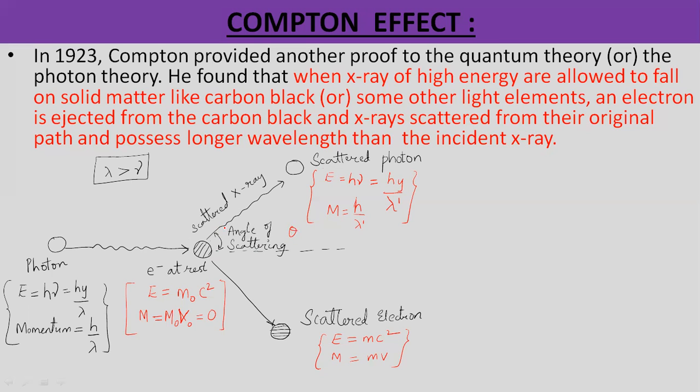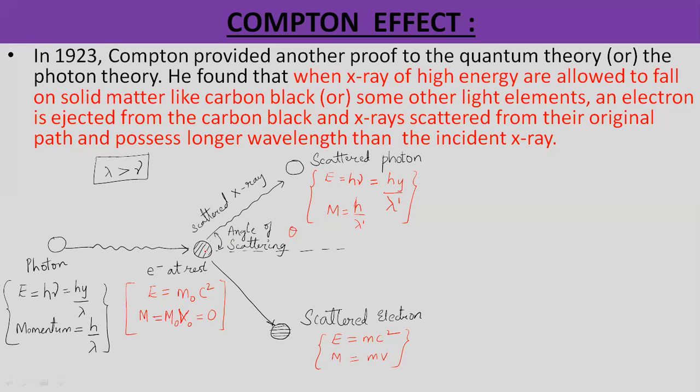The angle between the incident photon, the dashed line which I am showing here, and the scattered photon, or scattered X-ray, is called the angle of scattering, represented with a theta sign.